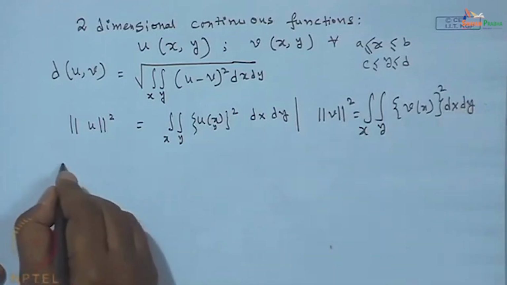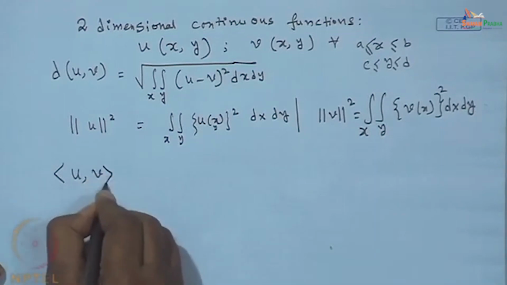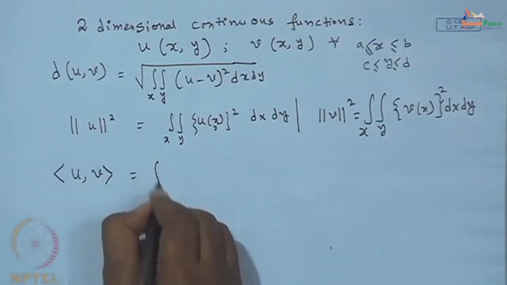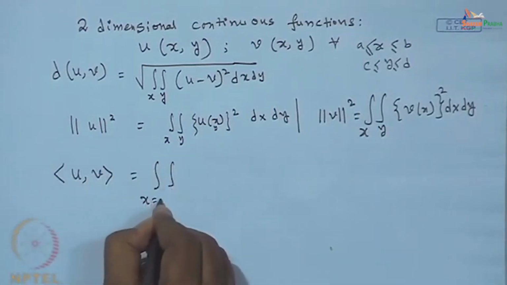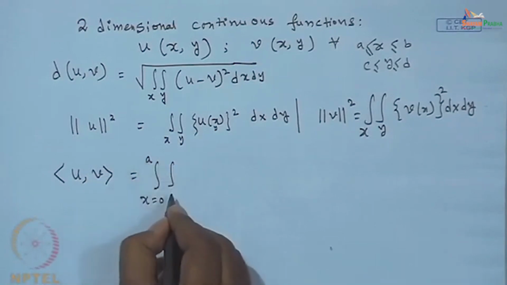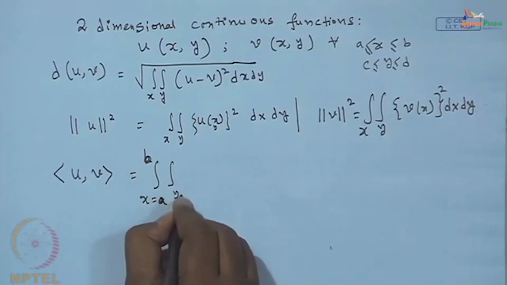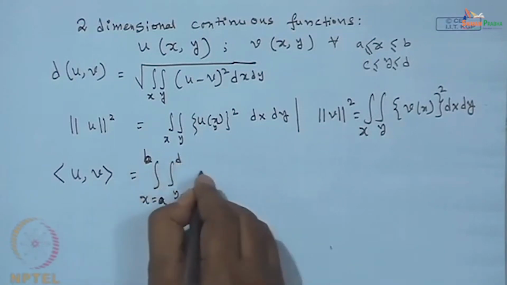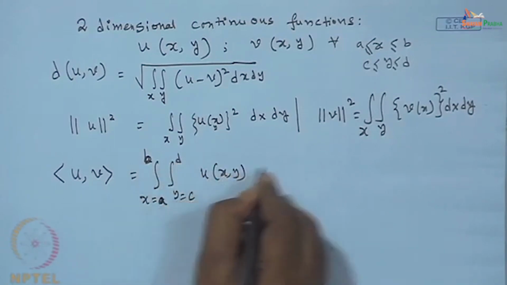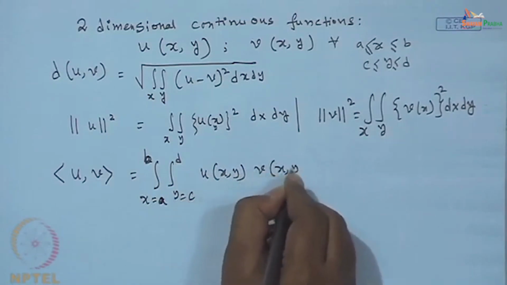And the inner product between u and v will be nothing but the double integral, x from a to b, y from c to d, u of x y multiplied by v of x y dx dy.